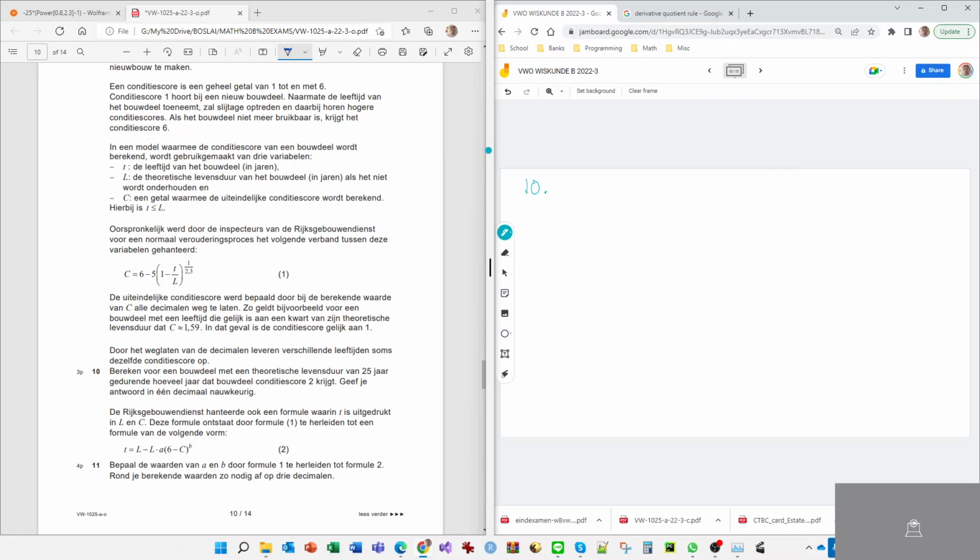So we need to solve the equation: 6 minus 5 times (1 minus T divided by 25) to the power of 1 divided by 2.3, and this has to be equal to 2.